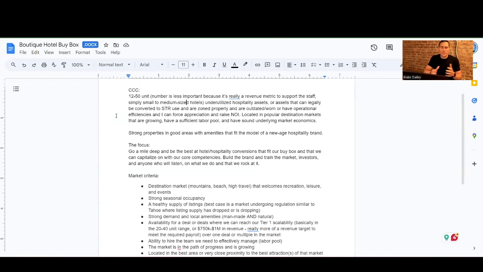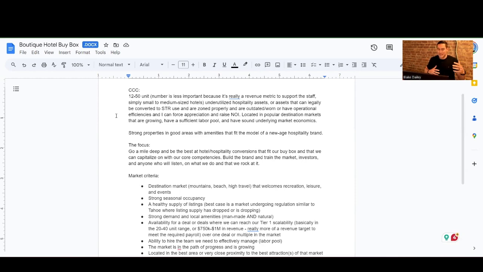And I say 12 to 50 unit, like that number is less important because it's really a revenue metric that you're looking for. Because you could have a super high producing 10 unit that makes 100,000 per unit per year, produces $1 million. You can have a full staff and everything you need to run that property really efficiently. But that same 10 unit that only produces 30,000 a year, makes 300 grand, you're not going to be able to have that same amount of staff.